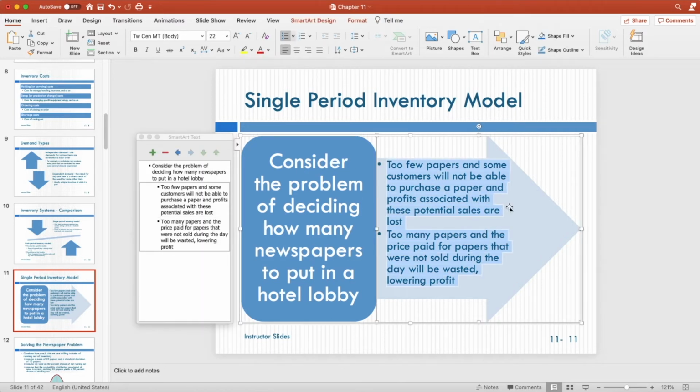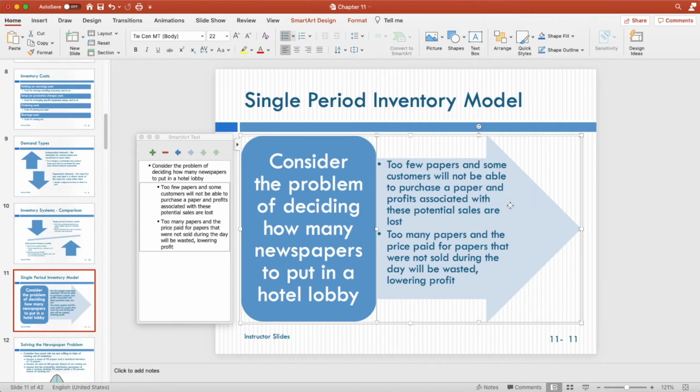You don't want to order too few papers from the publisher, because if you order too few, you may lose those profit opportunities. Even if customers in your hotel need today's newspaper, if you don't have inventory in hand, the customer cannot buy it, and you lose that profit opportunity.